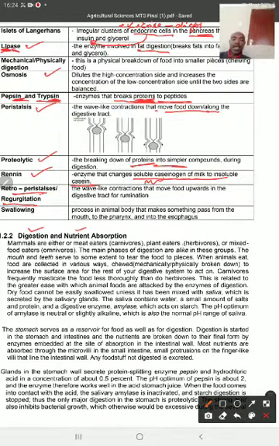Then looking at digestion and nutrient absorption, we know that digestion is either mechanical or chemical through the enzyme amylase, which is found in the saliva.